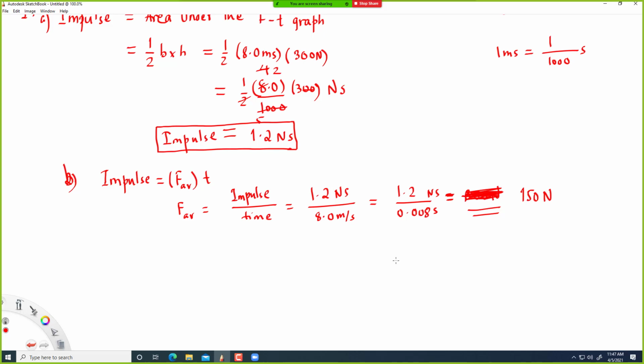Change in momentum means you are changing the speed, because momentum change has mv final minus mv initial, so that means changing momentum means changing speed. So to find the change in speed, you can find the change in momentum. That will give you the final speed. So the idea here is we want to use the impulse momentum theorem.